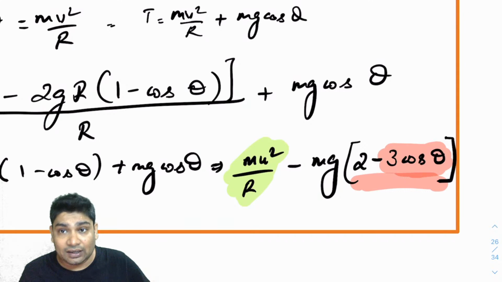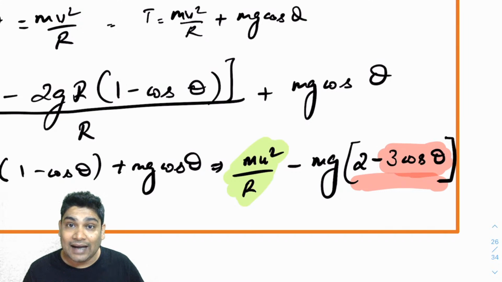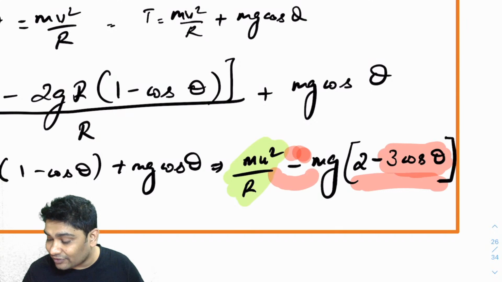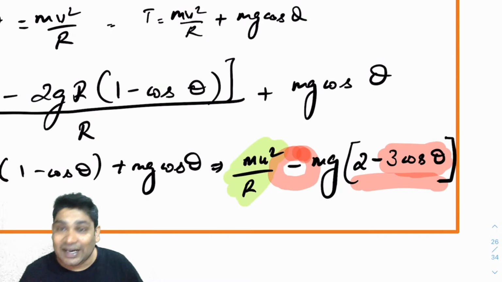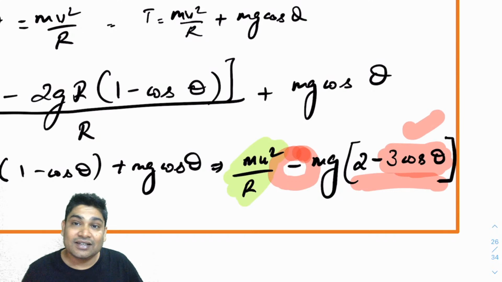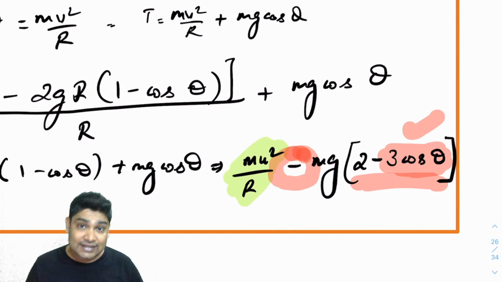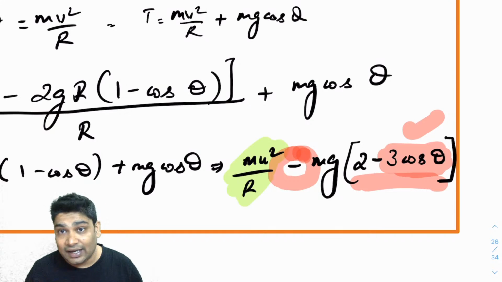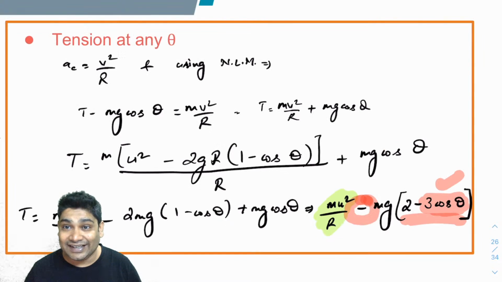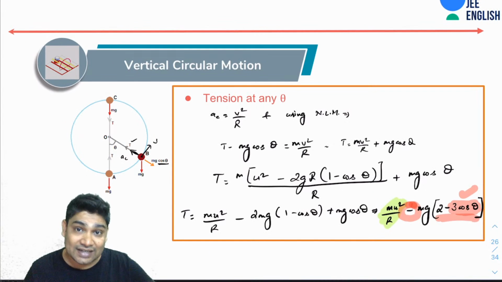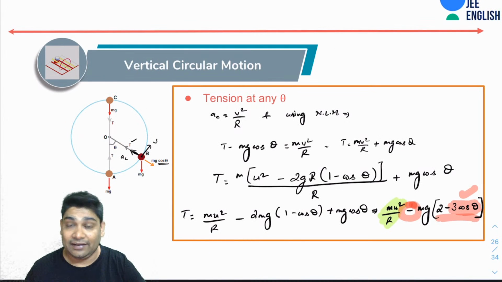So at theta equals 0, you have a minus 1 here, and at theta equals 180, you will have plus 5 here. And this is with a negative sign. So if the value of this term increases, then your tension will decrease. And as theta is increasing, the value of this is increasing. So what I can realize from here is that T is continuously decreasing. That is what I am getting.